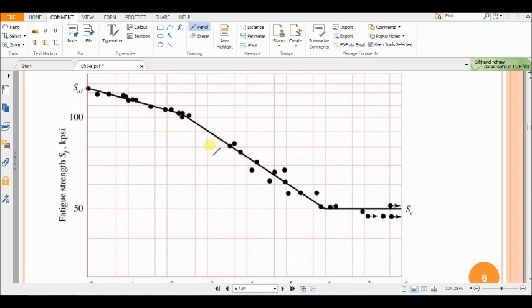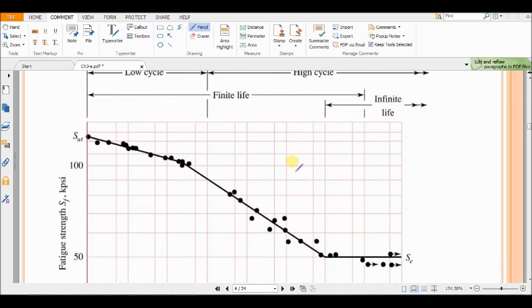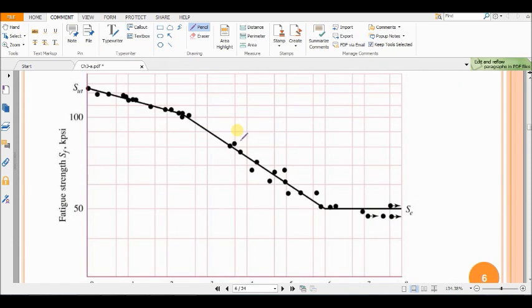Let's say one time I use this load and I get a life of 10 cycles. Another time I use this load and I find a life of 1000 cycles. Another time maybe I use this load and I find 1 million cycles. So definitely when you decrease the load you apply, you will get longer life.